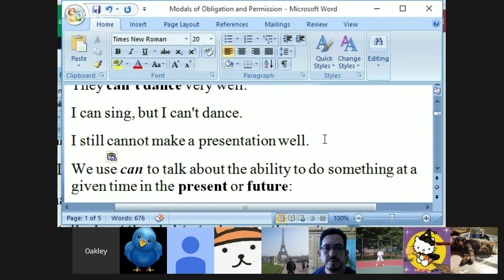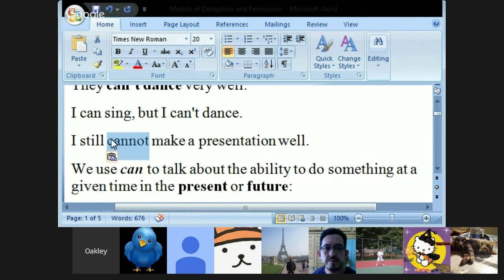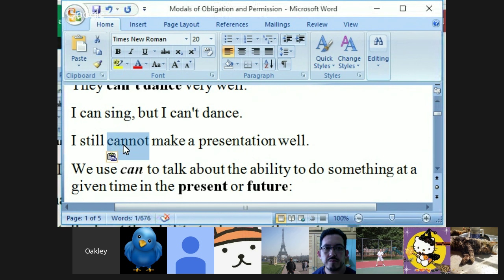What can you do? You mean if I say cannot, the stress location could be moved to another location? Well, in your sentence here, it's very ordinary when you use adverbs to modify the verb to stress the adverb.